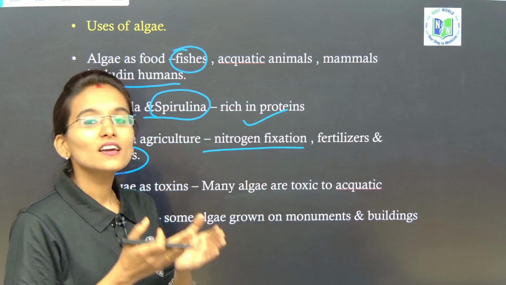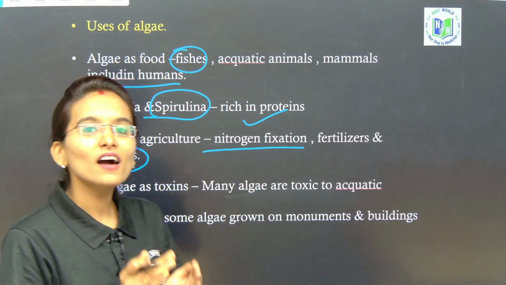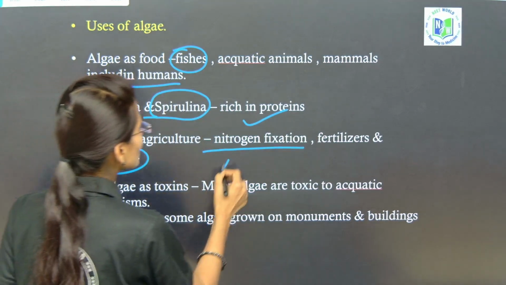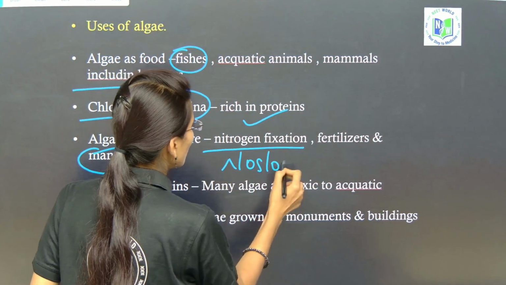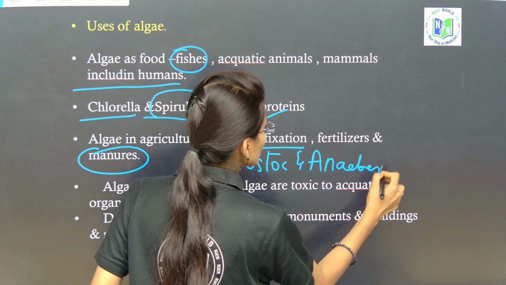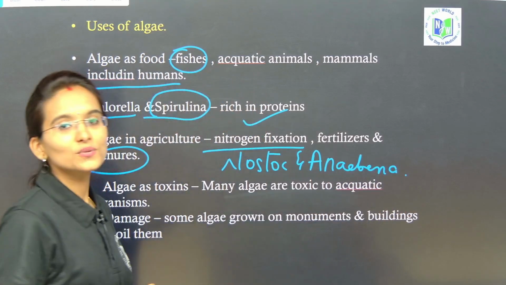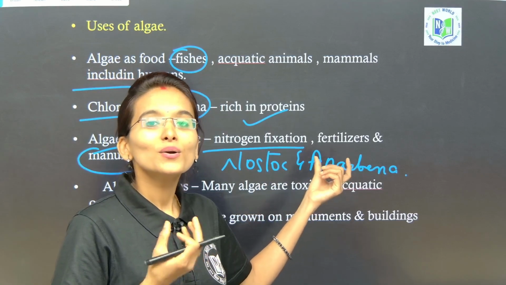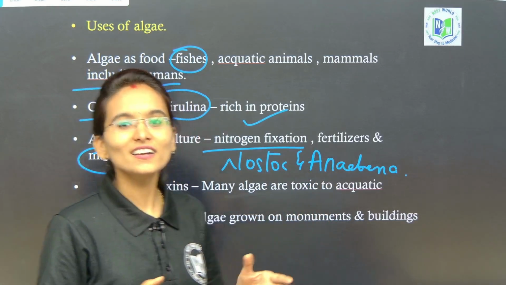For this, the examples are Nostoc and Anabaena. These are the algae used for agriculture purposes. They fix atmospheric nitrogen to enrich plant growth and development.